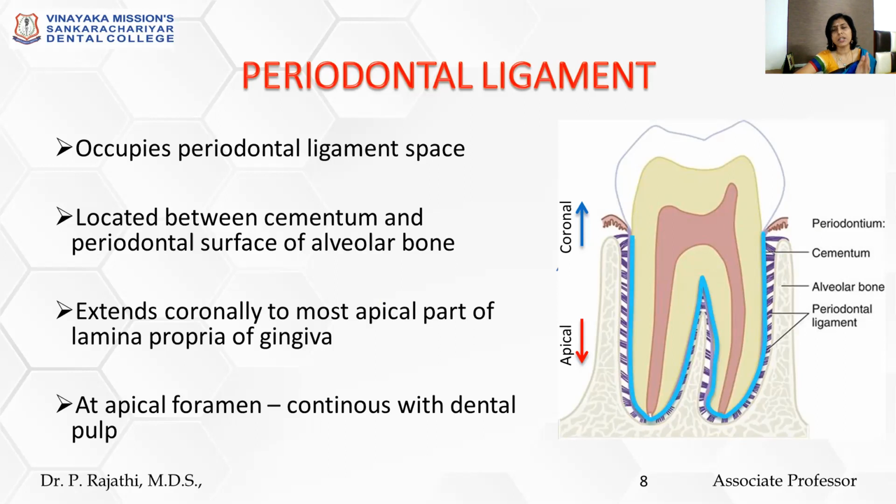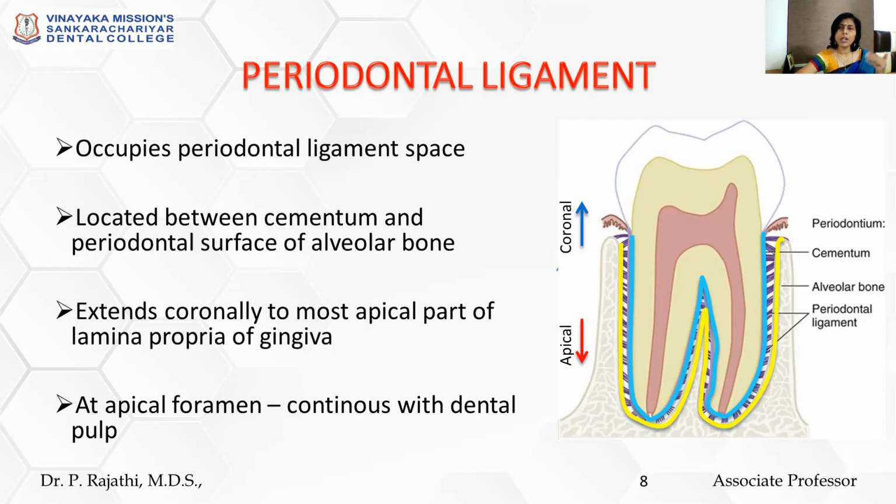I am using the terminology periodontal surface for the surface that faces the periodontal ligament fibers. So periodontal ligament occupies the periodontal ligament space that is located between cementum and the periodontal surface of the alveolar bone.